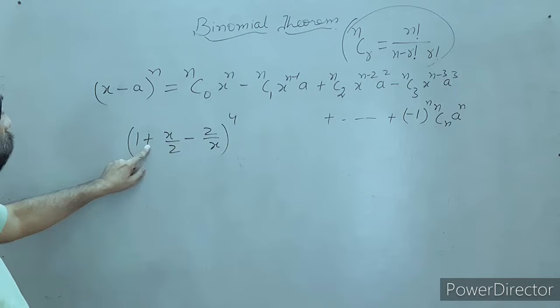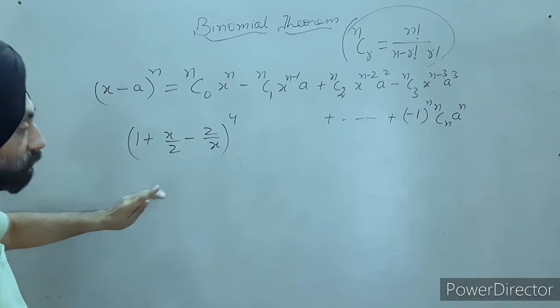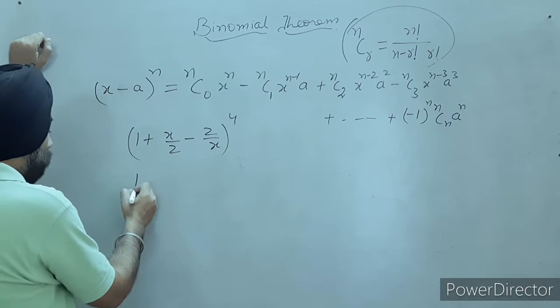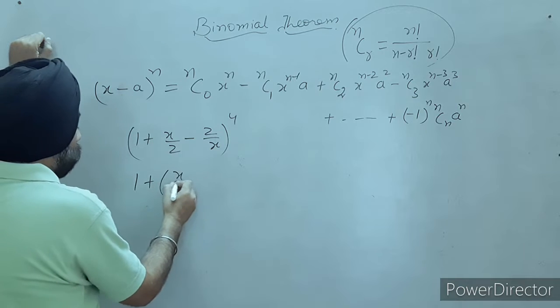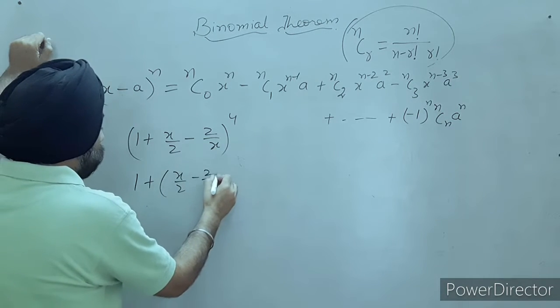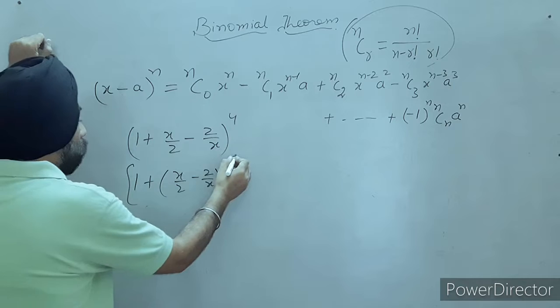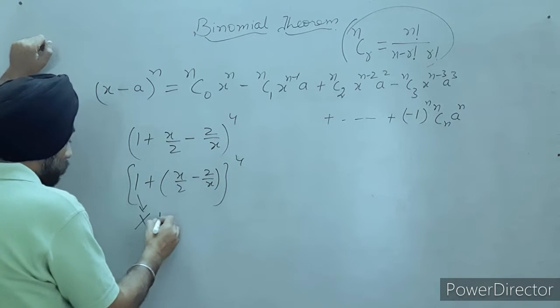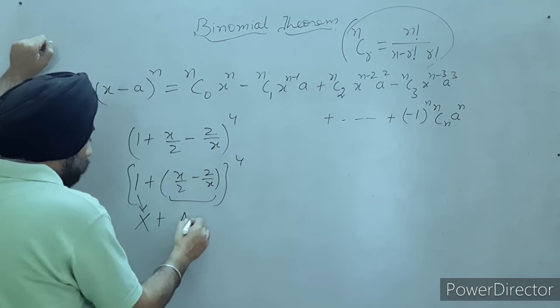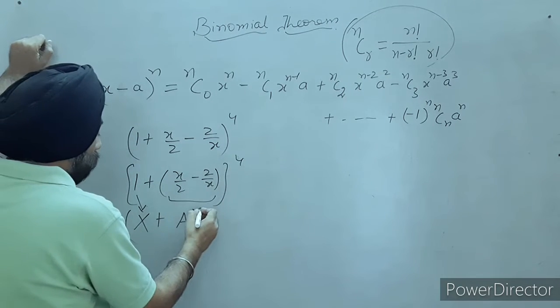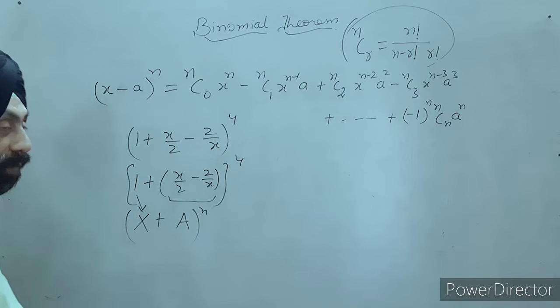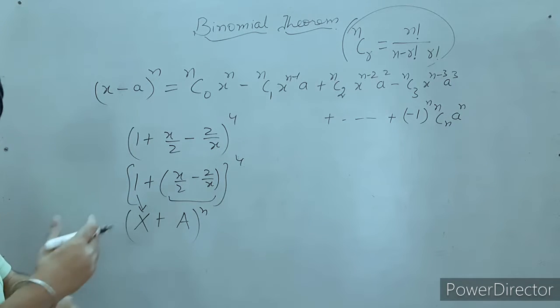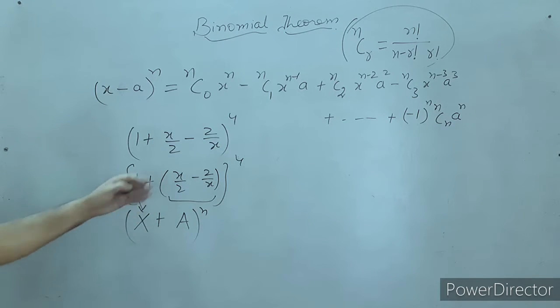I can write this as (1 plus (x by 2 minus 2 by x)) raised to power 4. This is my x plus this is my a, raised to power n. n is 4. Okay, we will use the binomial expansion of (x plus a) raised to power n.